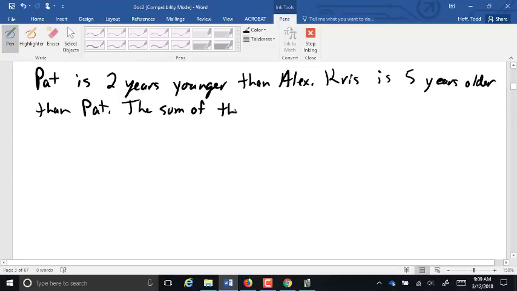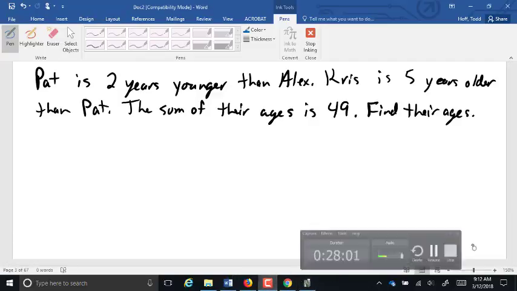The sum of their ages is 49. Find their ages. I'll give you a few minutes in your notes to figure it out.